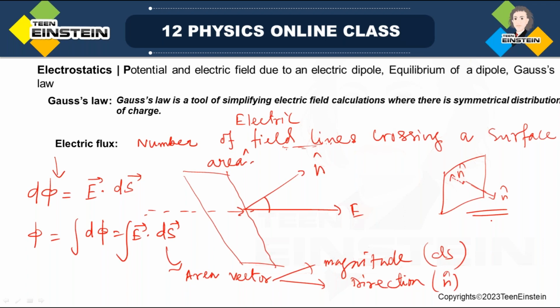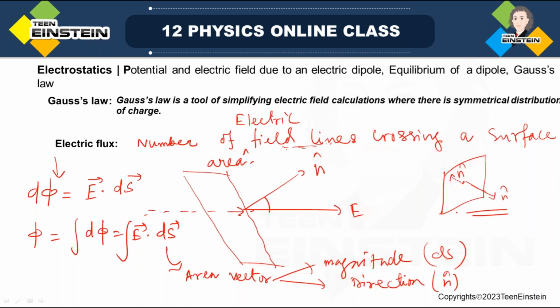If the area is open, like a plain sheet of paper, which has two sides but is an open surface, I can take the normal in any direction, either on this side or the other side.